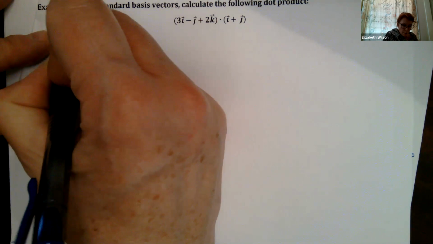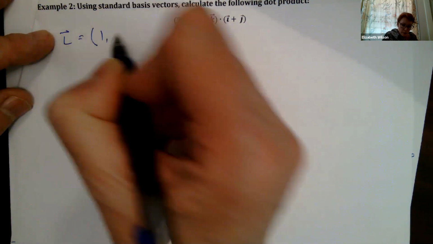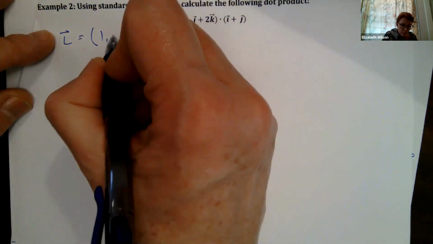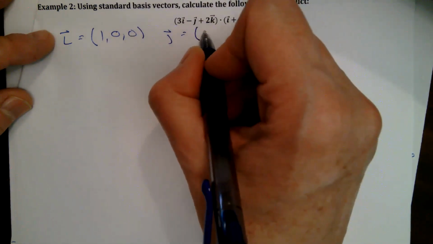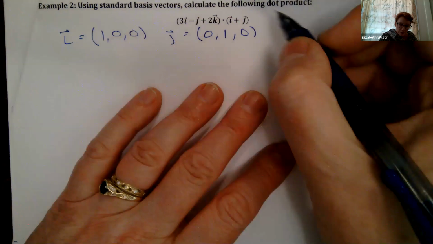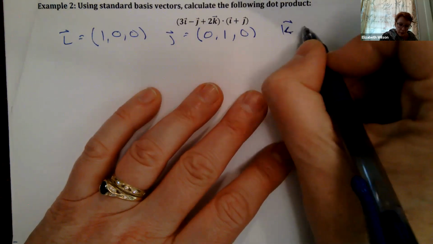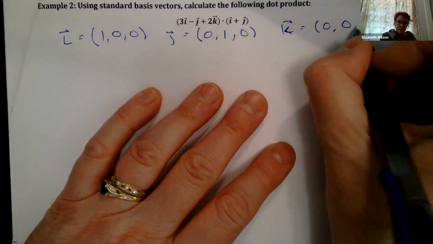But let's remember our basis vectors. So this is i, j, and k. That means I have 3 dimensions because I have a k in there. So j is equal to 0, 1, 0, my y component, and k equals 0, 0, 1.